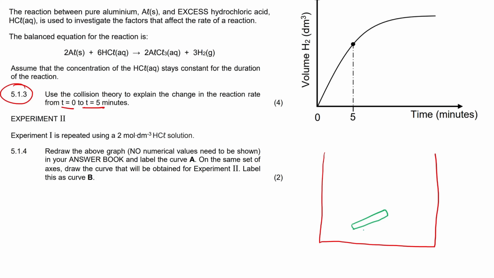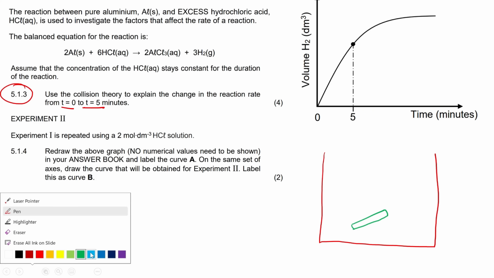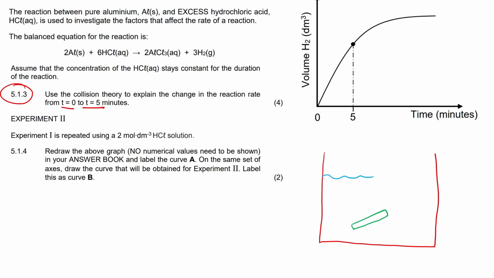Either it's going to be floating around, or hanging by a string, or laying flat on the bottom here. And then we've got an HCl solution. Okay, so HCl solution, all these little HCl molecules are floating around.